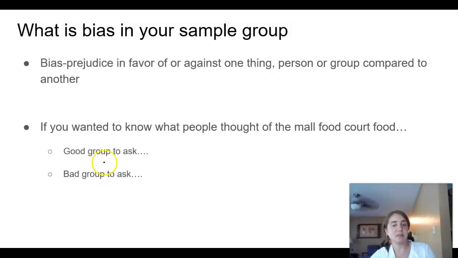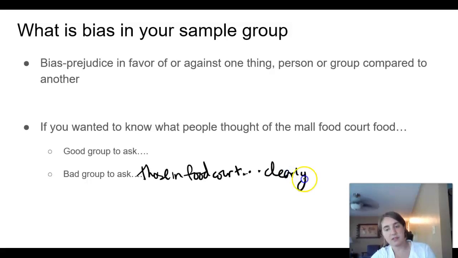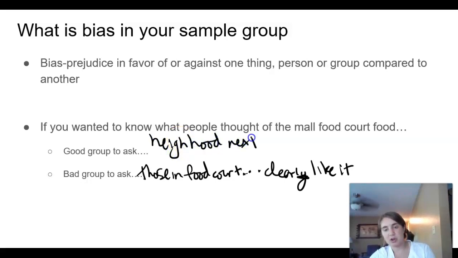If I asked the people in the food court, that would be a biased group because they're clearly choosing to eat at the food court. They clearly like it. A good group to ask would be the neighborhood next to the mall, or something like that.